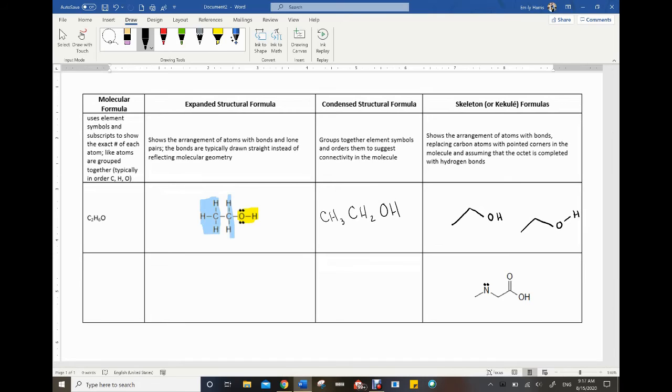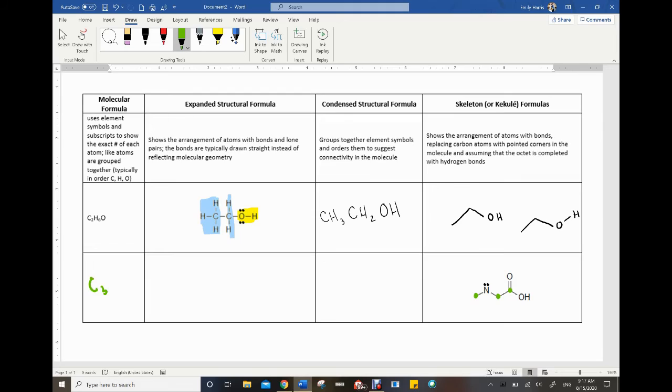the molecular formula. Now again, we're going to have to do a little bit of reasoning here to figure out how many carbons we have. So remember, every end of a line or bend in a line is going to represent a carbon. So it looks like we have 3 carbons total. So we've got C3.